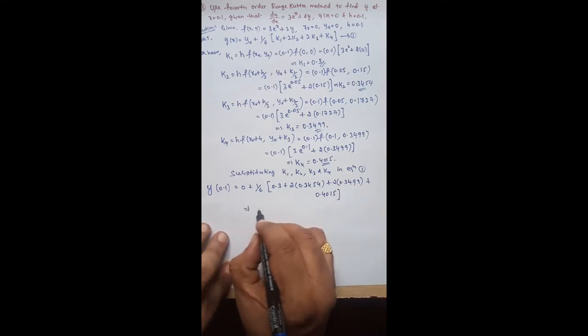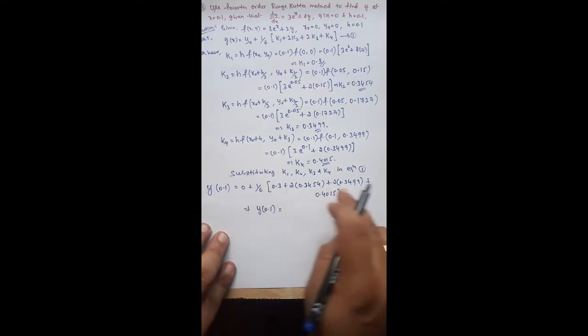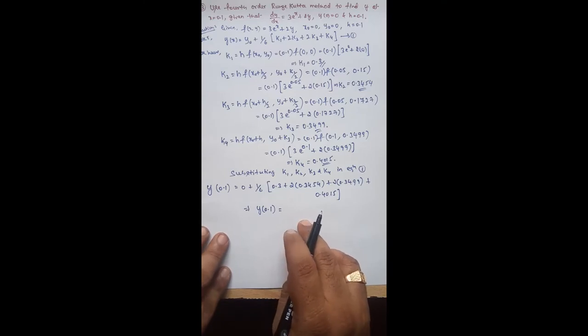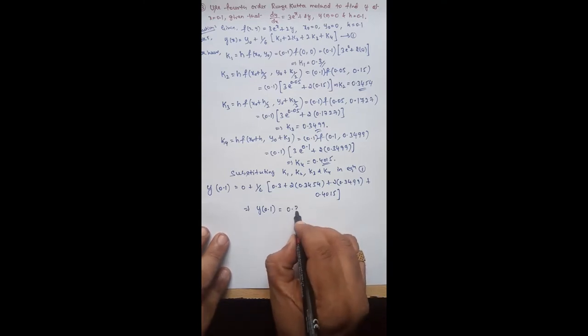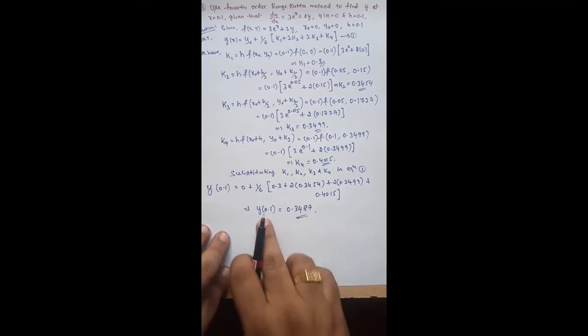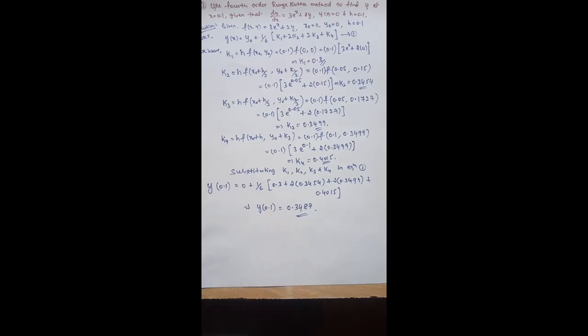So all the values of K's and y naught are substituted. Simplify this using your calculator. We get 0.3487. So this is the value of y at x equal to 0.1. This is the required solution of the problem.